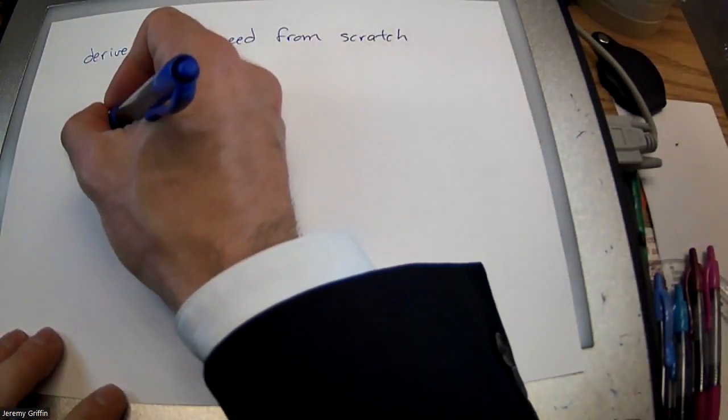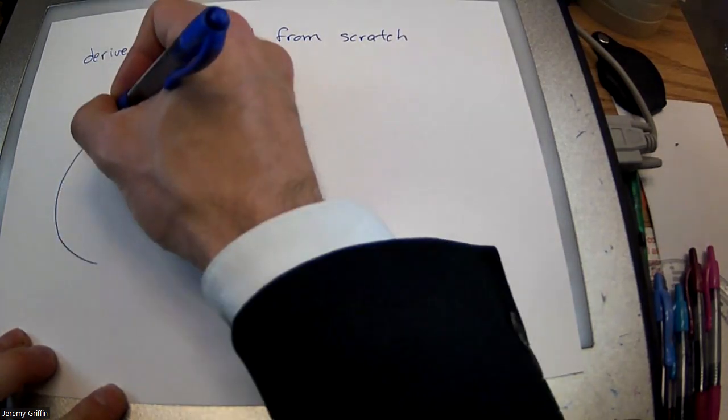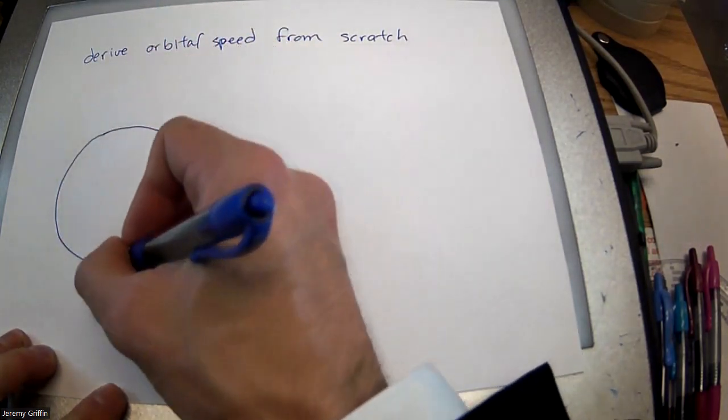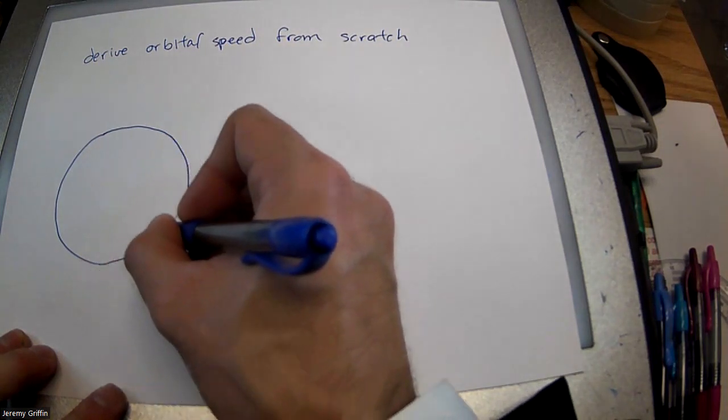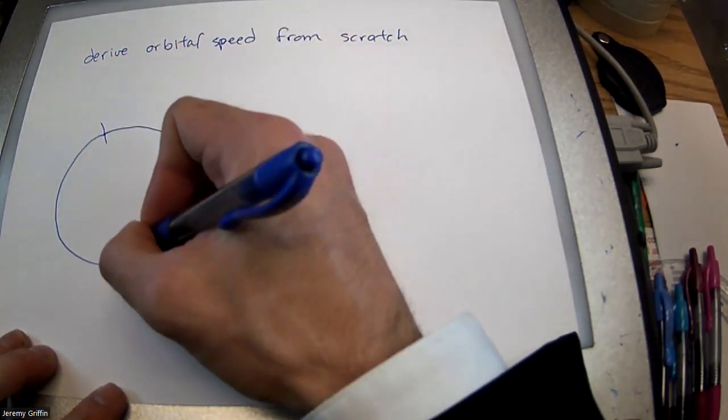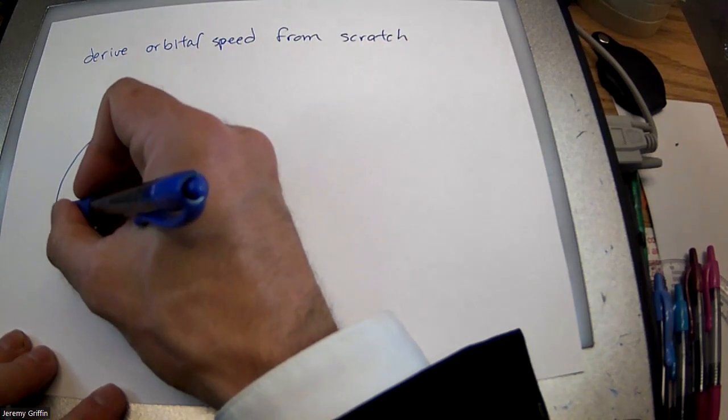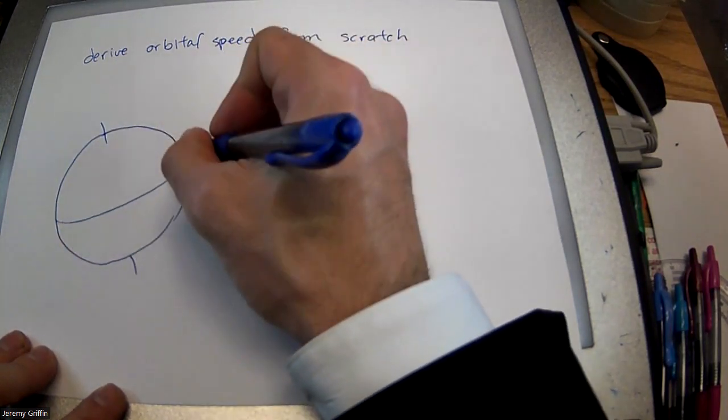So I'm going to draw this scenario out while I'm giving you guys a head start. So maybe jot down some equations, get orbital speed. I bet some of you guys know how to do this. Maybe everybody.